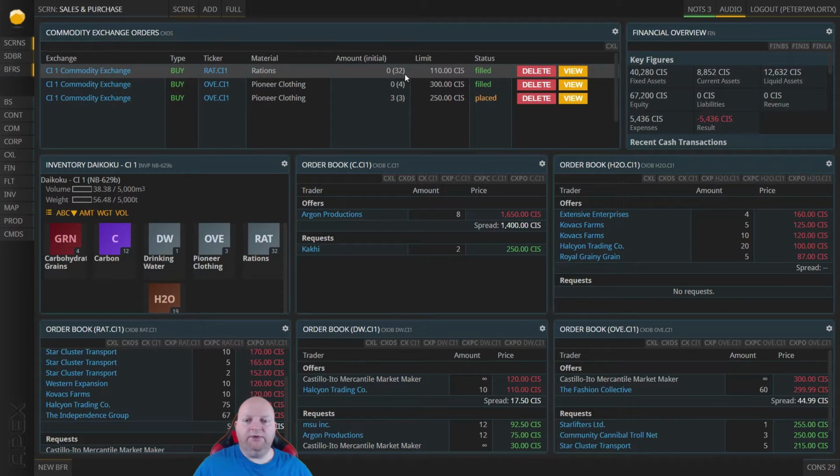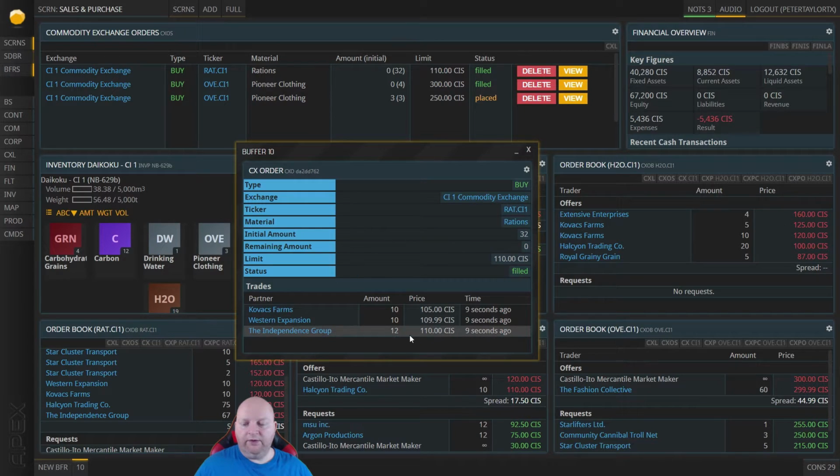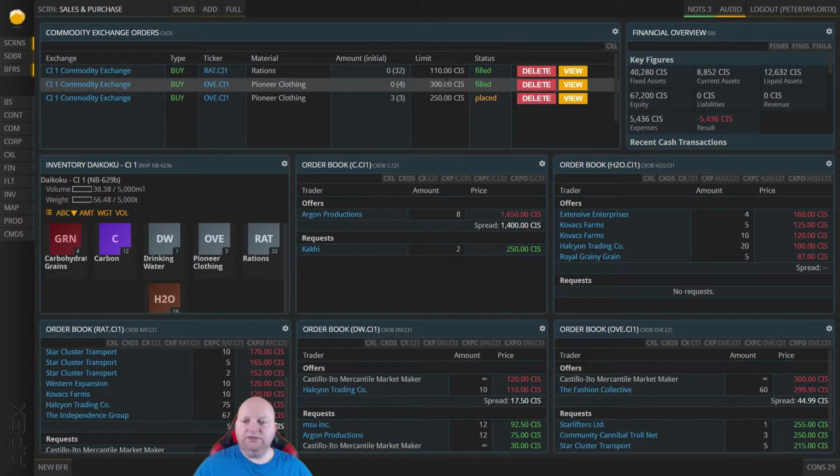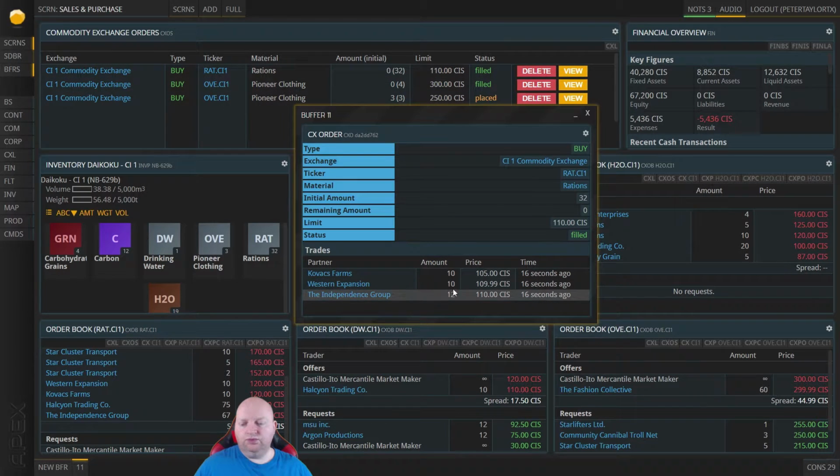Right, so we bought 32 at 110, although if you actually look at the view, we bought them at lower prices, and I'll have to put those into my equation later on. But we'll say 110. Yeah, so it evens out to about 109. Okay, so that would be about 108, we'll say. I'll do the calculation later on.